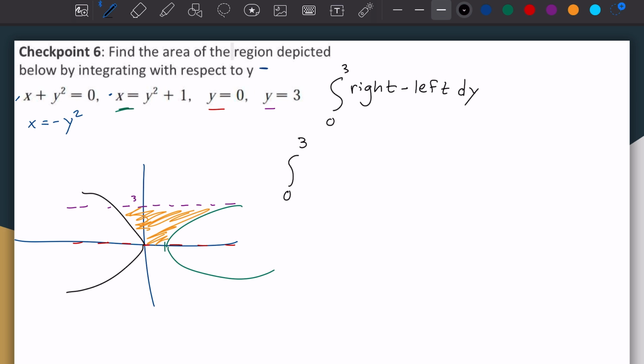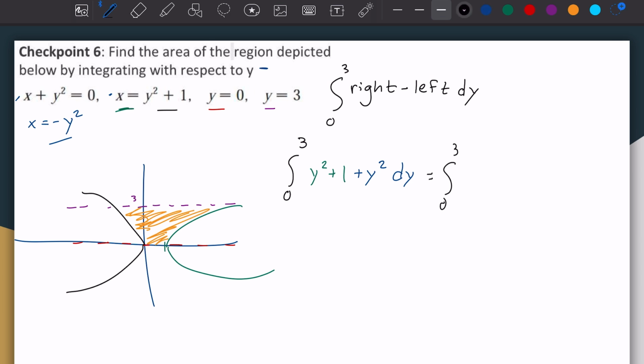It's the g of x, it doesn't really matter, but it's the one on the right. It's going to be y squared plus 1, and then on the left is negative y squared. Since we're subtracting, we'll go ahead and add the y squared, dy.